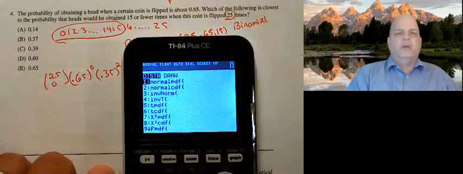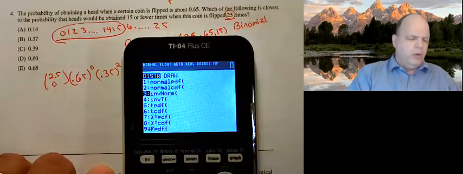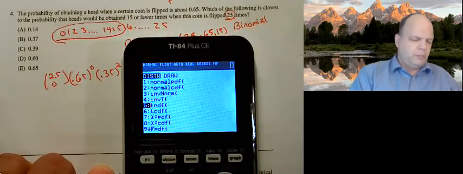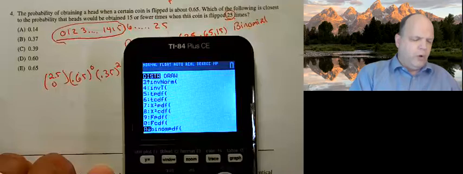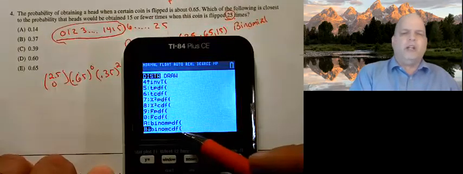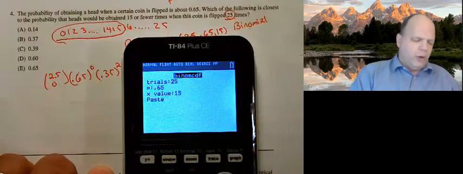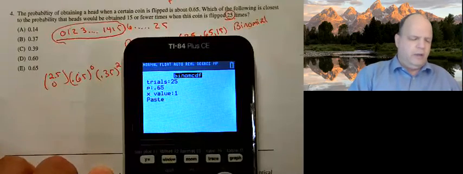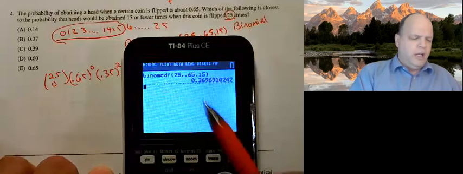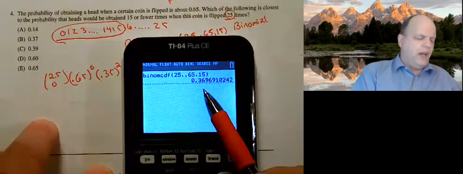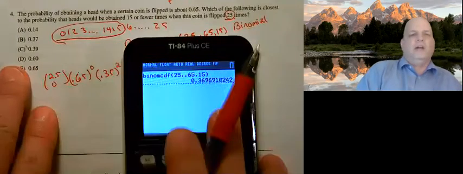Second vars, binomial. Have to scroll a ways till we get to binomial CDF, which is letter B. Trials is 25, probability is 0.65, and my X value is 15. And I end up getting 0.369. Well, my closest to that is letter B, or 0.37.